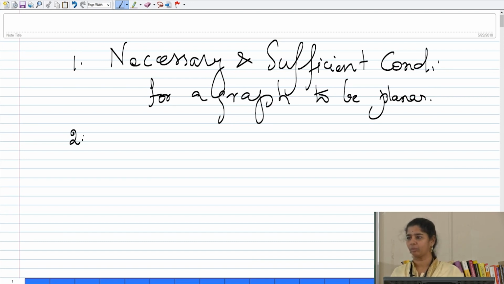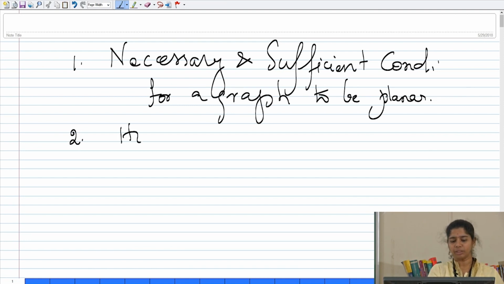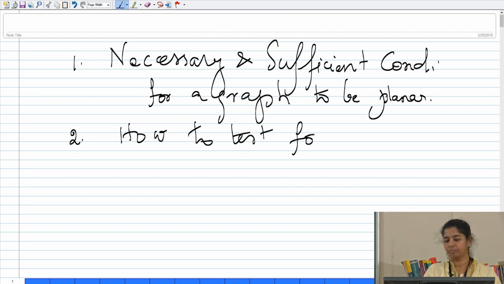Can we do it in polynomial time, or do we require more time, exponential, or is it NP complete? We should also decide about all these issues. So the major question is how to test for planarity.